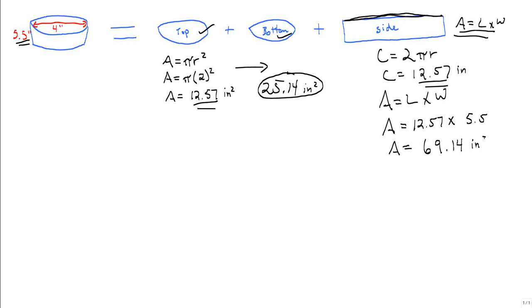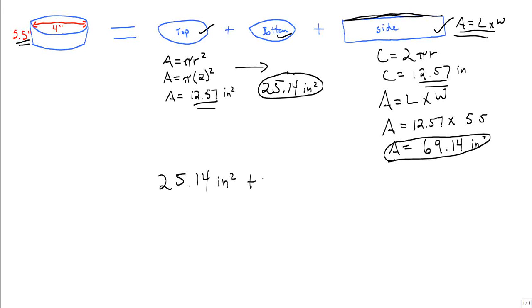So now we have found the surface area of the top, the bottom, and the side. Now we have to add them all up to get the total amount of tin needed. Okay, so we have the top and the bottom together make 25.14 inches squared.